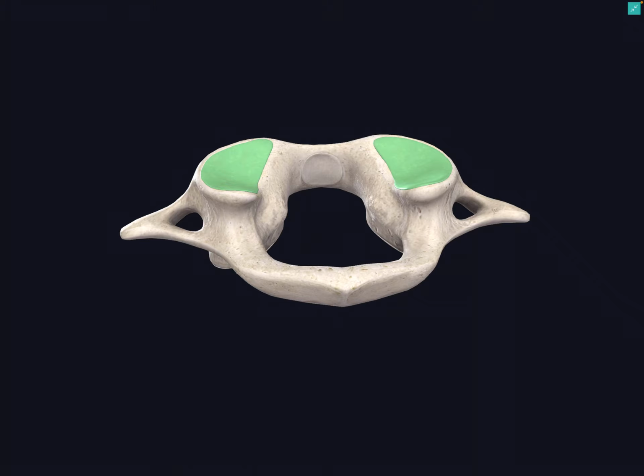And the odontoid process will project upwards from the body of C2 to articulate with that rounded articular facet on the posterior aspect of the anterior arch.